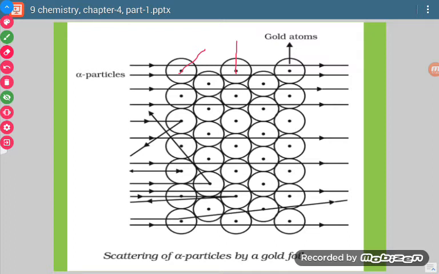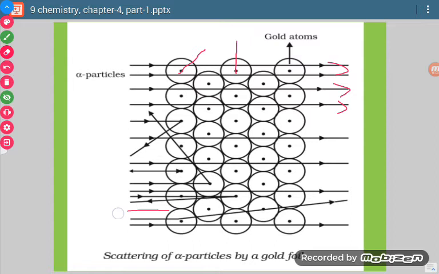There is so much vacant space in the atom that alpha particles can go directly and move without any change. But when some alpha particle comes near the center, the nucleus, then it gets deflected by a small angle.